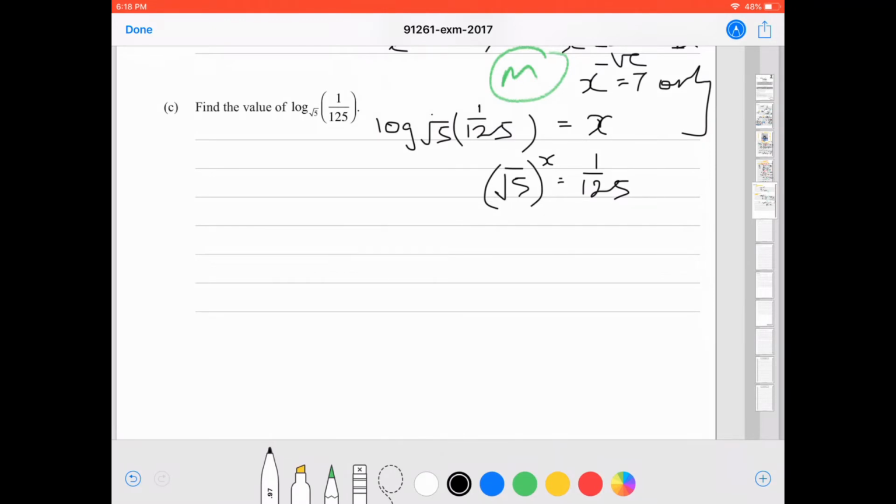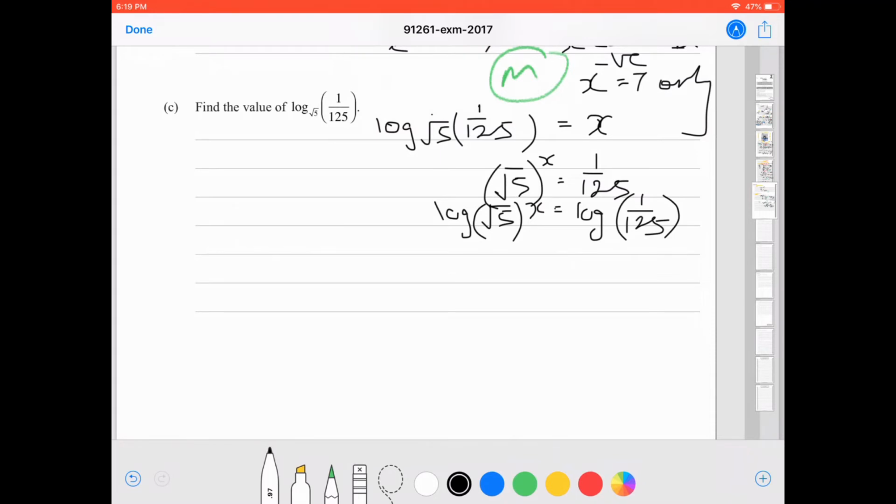Now, we can take log of both sides. So it's log of root 5 to the power of x equals log of 1 over 125.